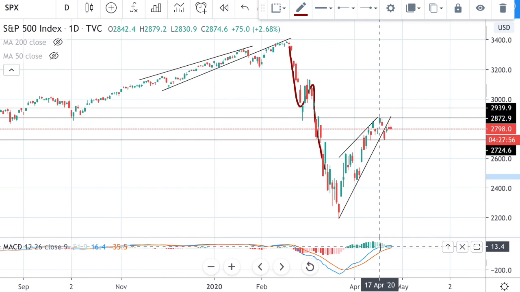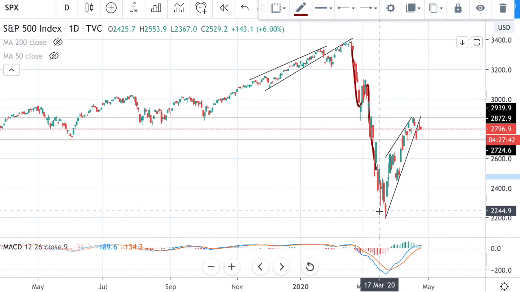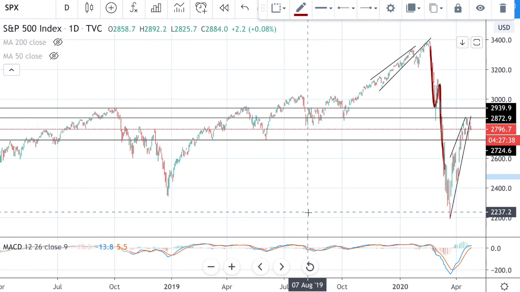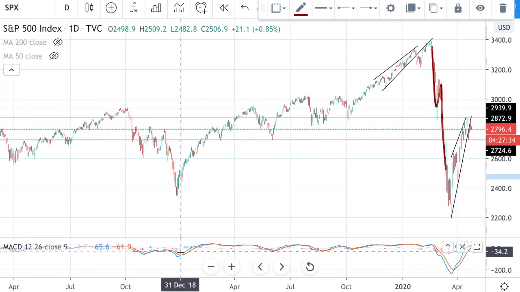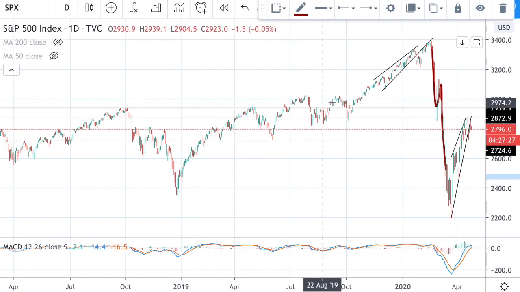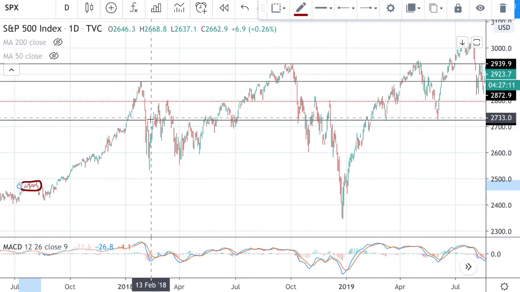That may not seem too dangerous at first, but if you go back in history, every time we came back above the zero line after a period of downtrend, like here, every time we pop back above the zero line, we have a multi-month rally. We can go back further here in 2018.